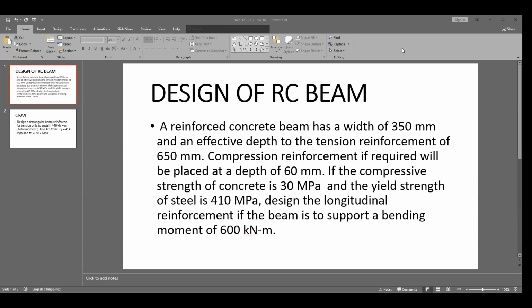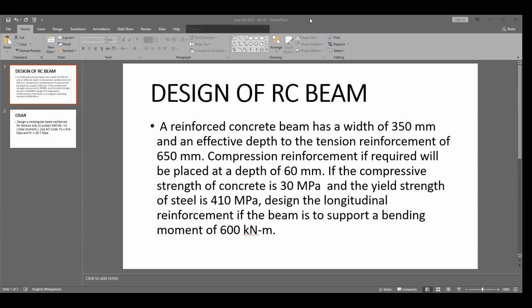So in this case, we are already given the moment. In your case, you would have to find out the value of the moment that you would like to design for. In the design that you're going to have, you have to know the bending moment.